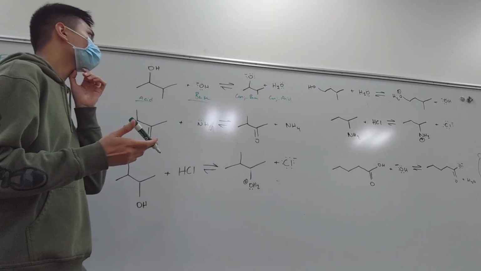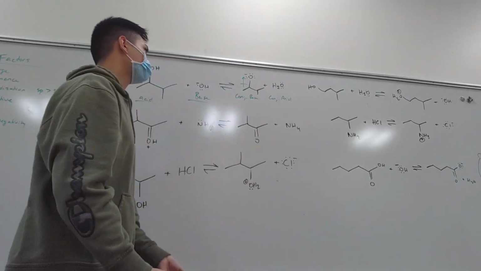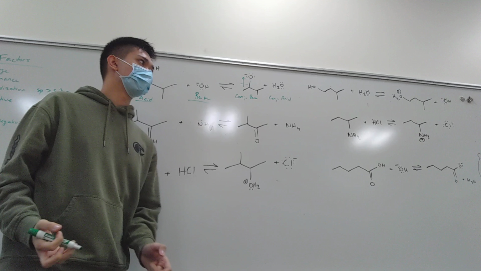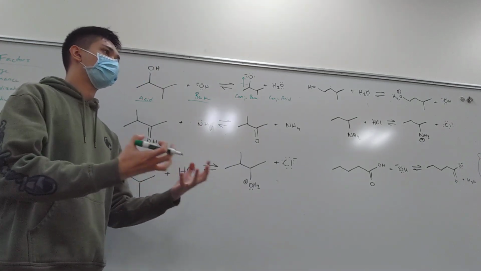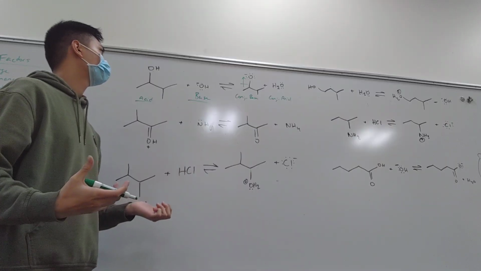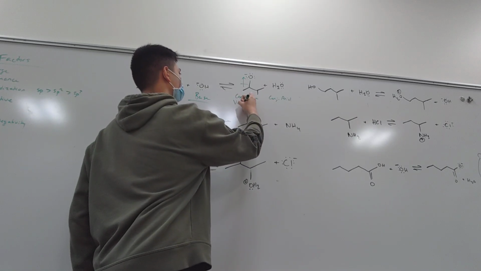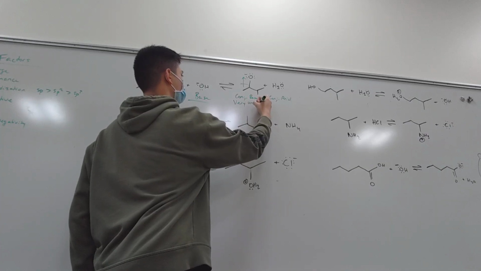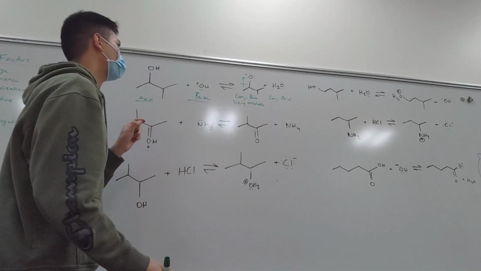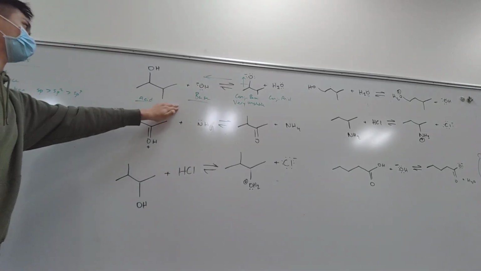Furthermore, the electronegativity effect withdraws electron density from this carbon towards this oxygen. This oxygen is pulling more electron density towards it than it can handle, and so this will become a very unstable conjugate base, meaning that the equilibrium will shift towards the left.